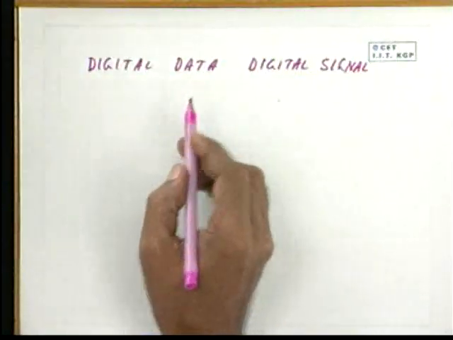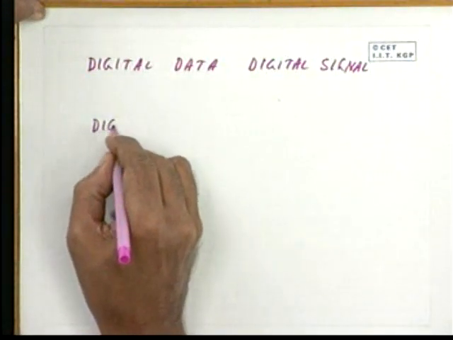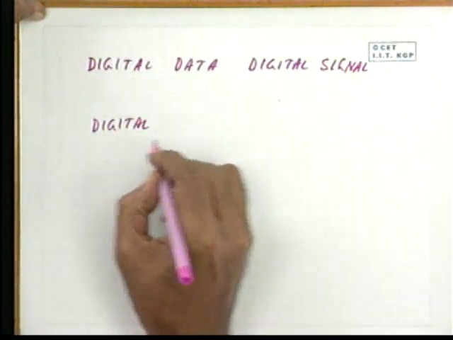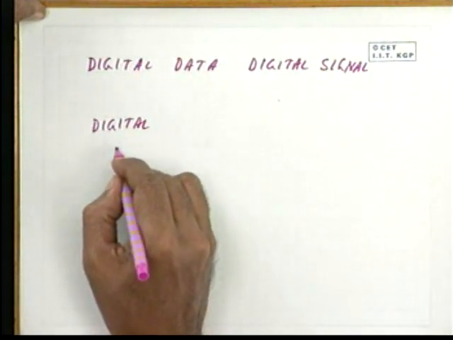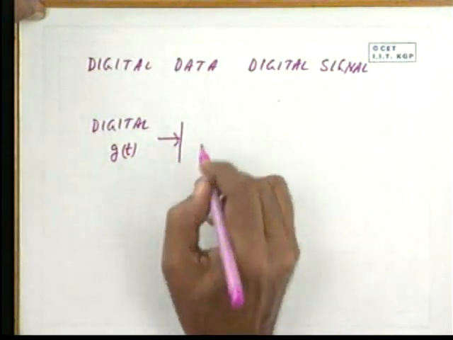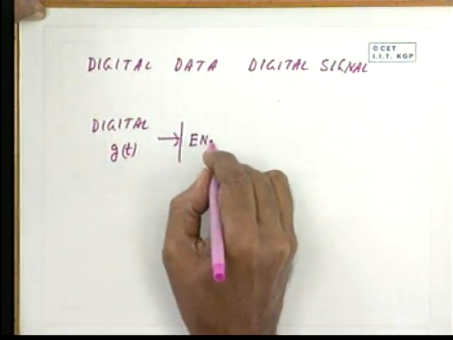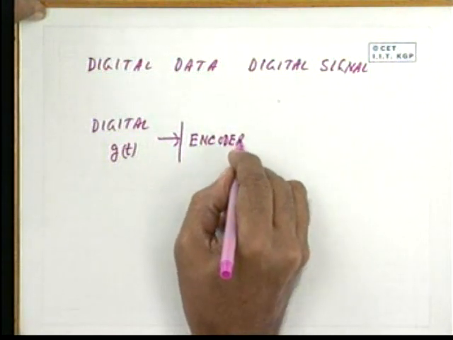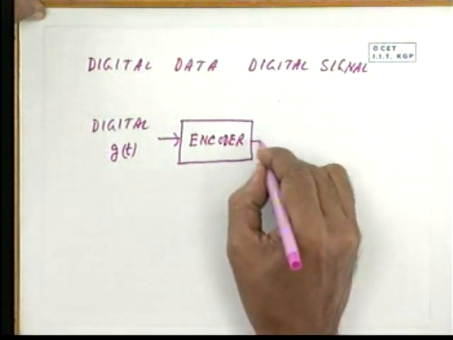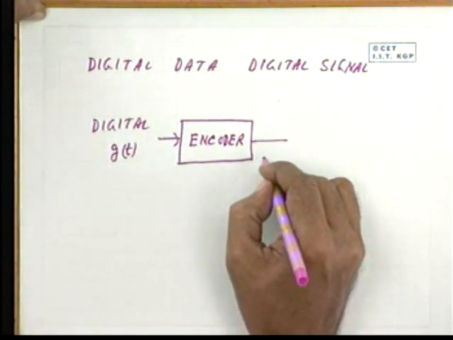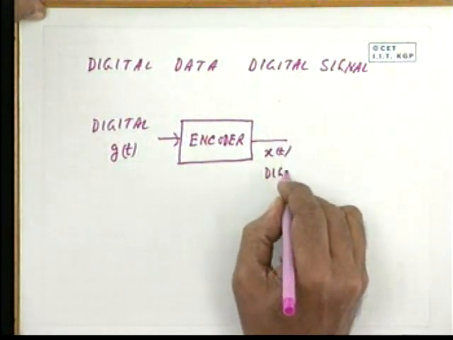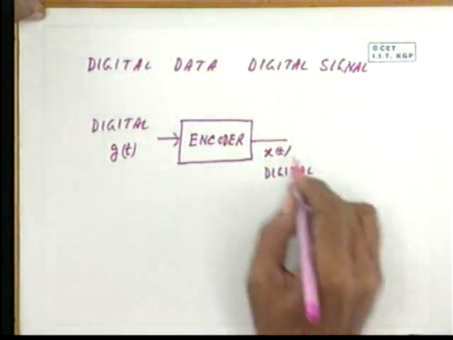So we have digital data, let it be represented by g(t), and we shall be using a device, say encoder, and that encoder output can be represented by x(t), which is digital in this case, because your signal is digital.